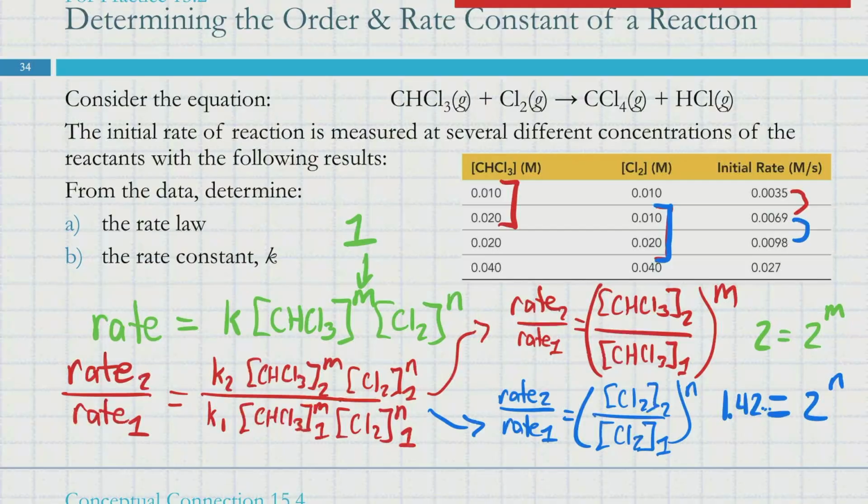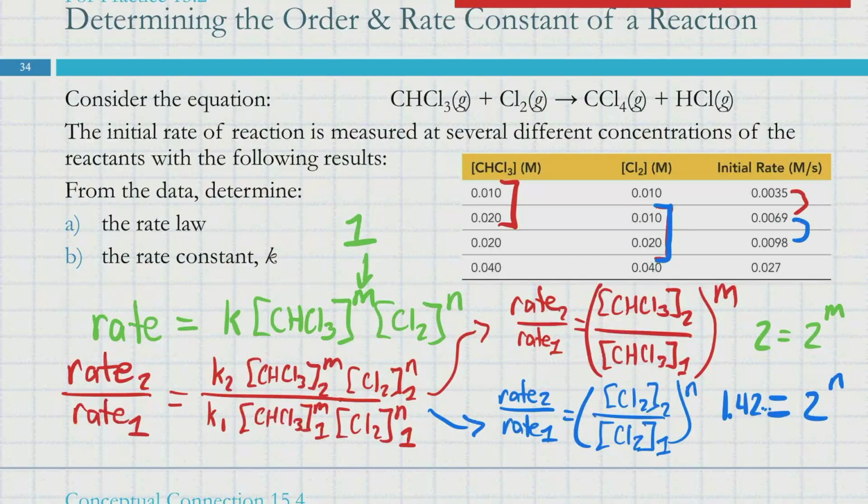Any ideas about an exponent smaller than 1? If it was 0, then this would have turned into a 1. So we can try fractions. If we had n as 1/2, that would be a square root. So you can plug in square root of 2, start there. My calculator decided that it did not want to tell me what that number was, but that should be the correct one.